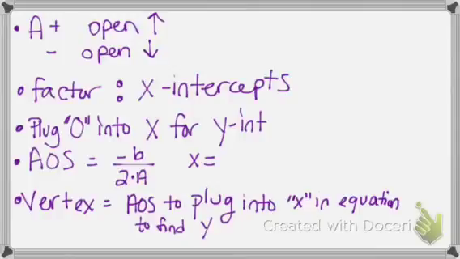So that our vertex is sitting at the point, our axis of symmetry here, and then the y value here.